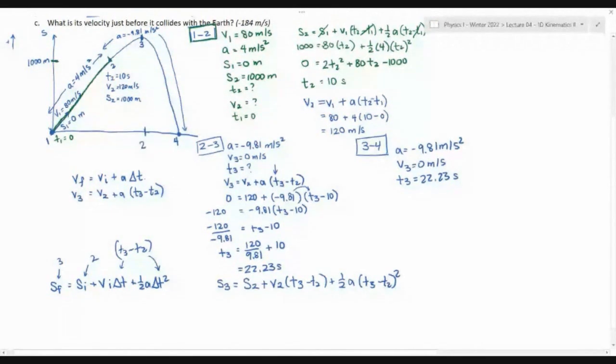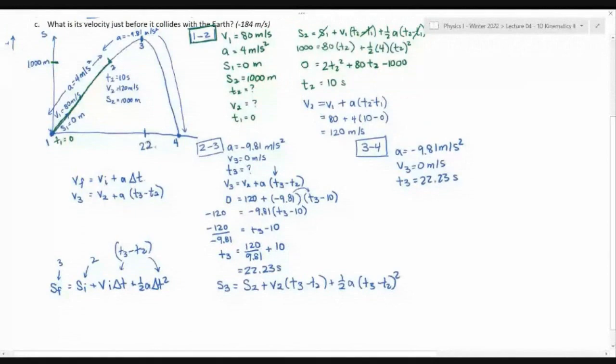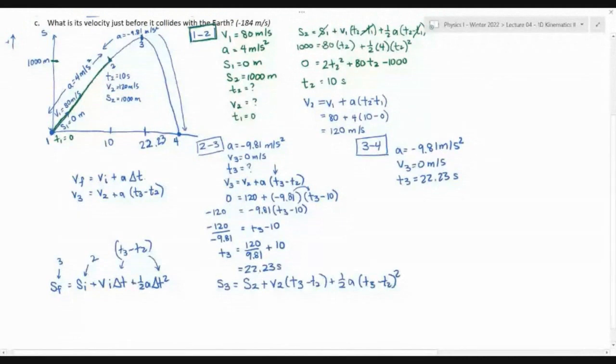It's what the time reads on this axis, 22.23. This time over here is 10. It's not finding the change in time between them because we already did that. That's why in our equation we're doing T2 minus T1 or T3 minus T2. We're actually finding this number on the scale, on the axis itself.